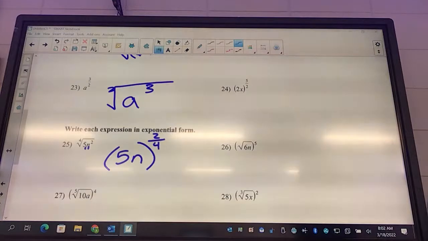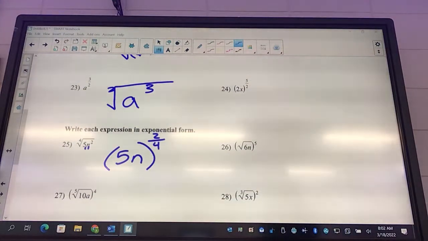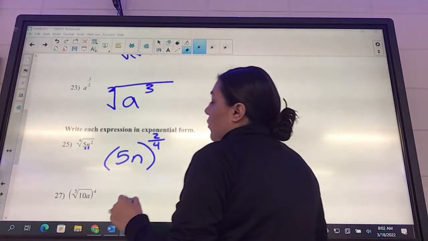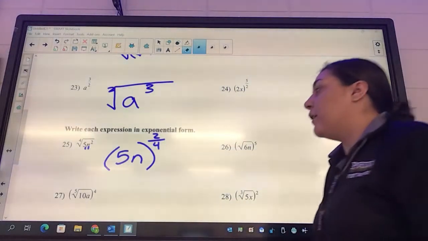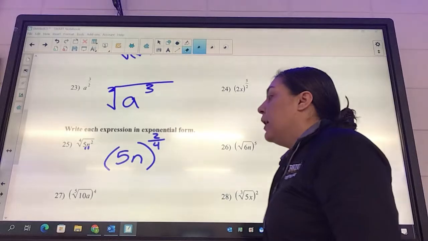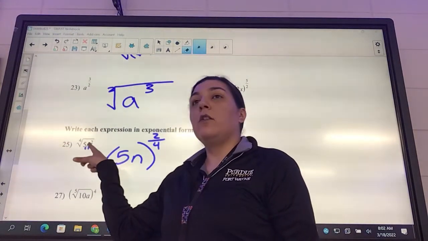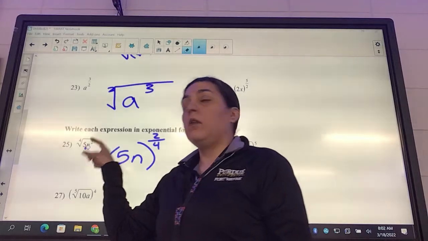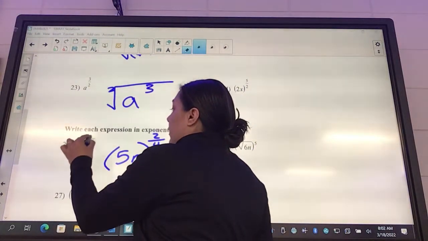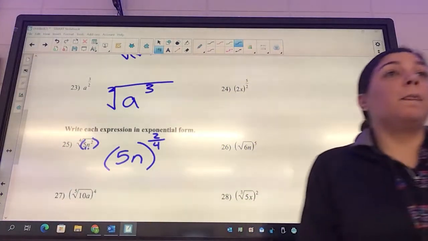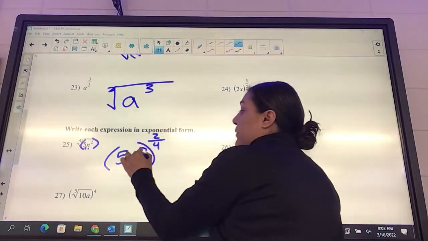Okay, so here's one little critique. And I hate this. I kind of did it, I hope you would think about it, but this is all one thing. That squared goes to the n. So when you do the parentheses, it's really gonna look like this. Meaning that this should say 5 squared.